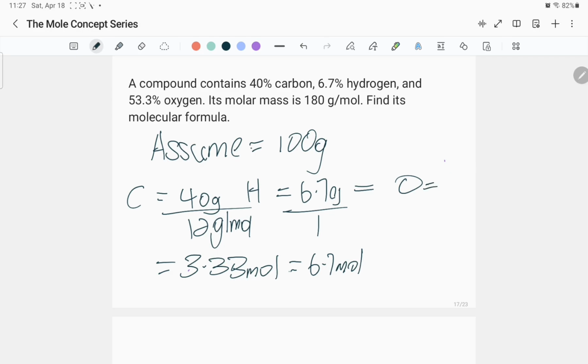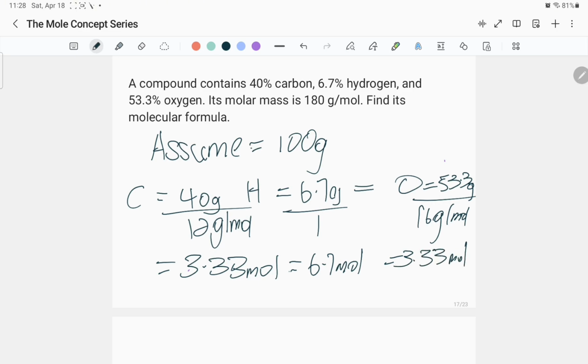For oxygen, it is 53.3 divided by 16, and your answer will be 3.33 as well.